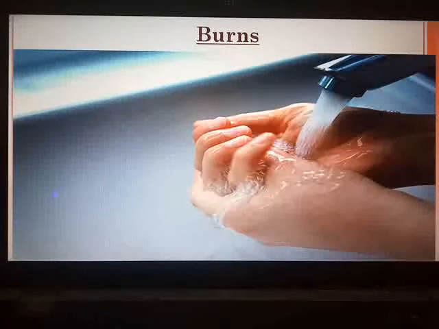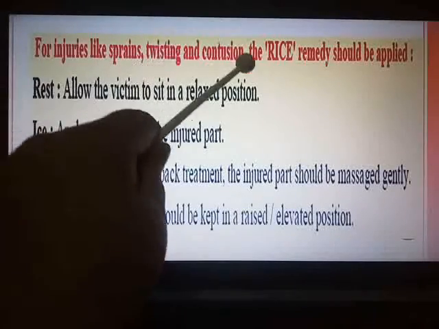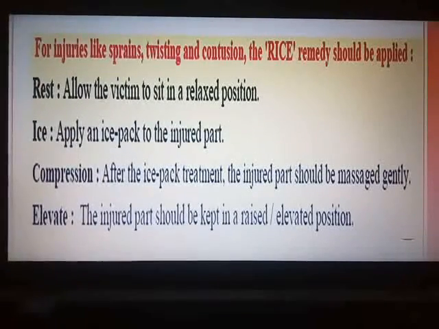Now the RICE technique, the RICE remedy, in the case of injuries like sprains, twisting and contusion. What is that RICE remedy we are going to study? R from RICE stands for rest, I stands for ice, C stands for compression and E stands for elevate. Rest: allow the victim to sit in a relaxed position.